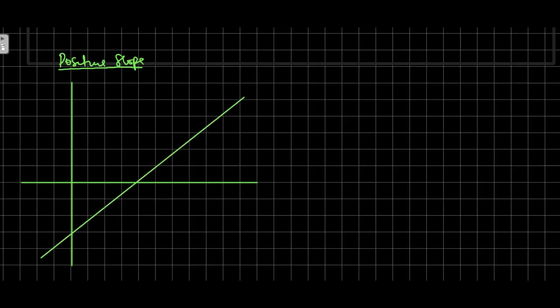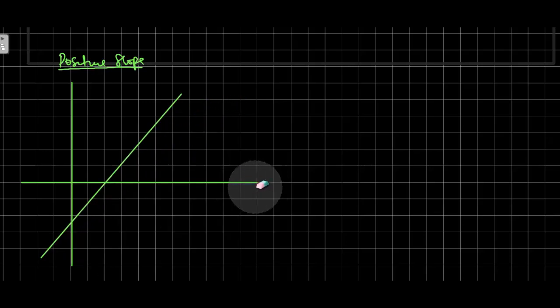And this is not dependent on the axis of the graph. For instance, all this type of graph that I want to draw here will give you a positive slope. If you have a graph like this, irrespective of how you draw it, this will give you a positive slope, right?